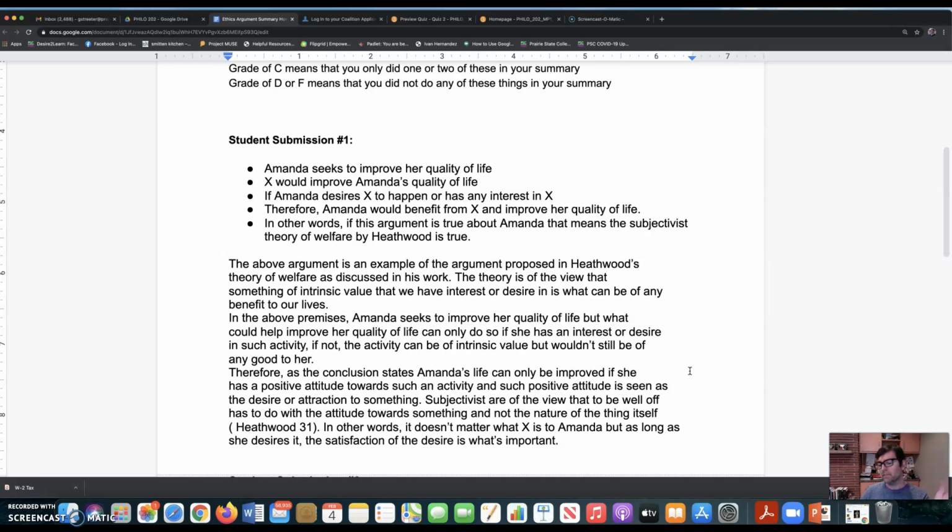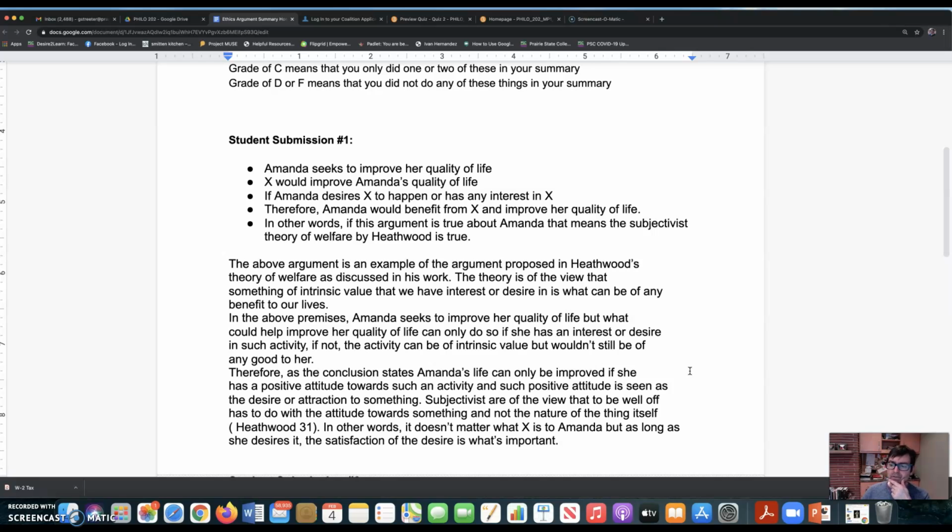In other words, and this is the conclusion that this student sees: if this little skeleton argument about Amanda is a good argument, right? If Amanda would benefit from X only if she satisfies her desire for something that she has an interest in, then that means that the subjectivist theory is true. And that's what I liked about this little skeleton argument, that it identified the purpose of the article.